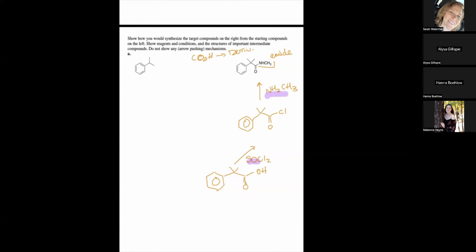So now if we look at the structure, we have obviously our phenyl ring here, and then we have 1, 2, 3, this isopropyl on the ring. And then what do we have over here? From this structure, we have 1, 2, 3, and we have this carboxylic acid that's been added to that structure.